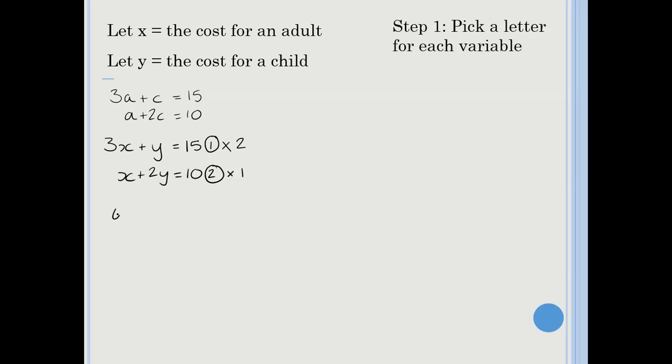So we've got 6x plus 2y equals 30, and x plus 2y equals 10. Label your 2 new equations. I've now got 2y in both 3 and 4. I've got the same operation.